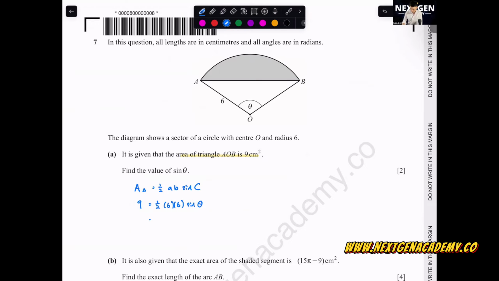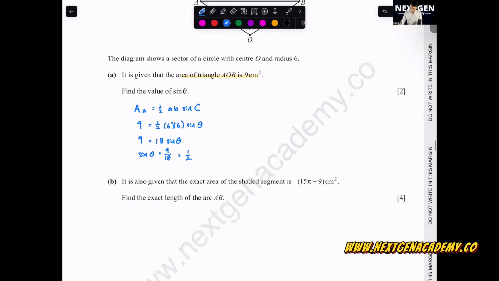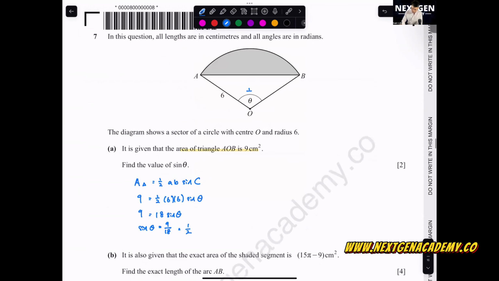Let's solve for this. This one will be 18 sine theta. Sine theta is 9 over 18, which is 1 over 2. So let's write here 1 over 2.